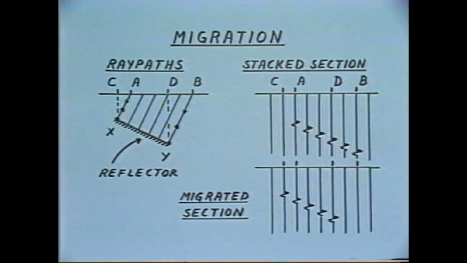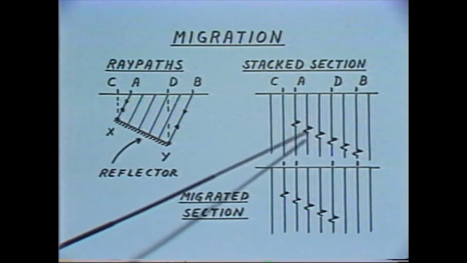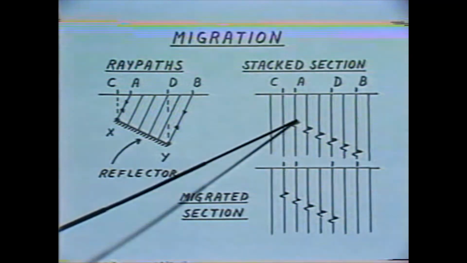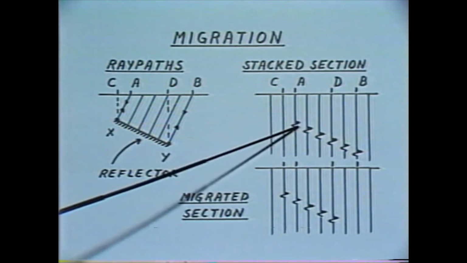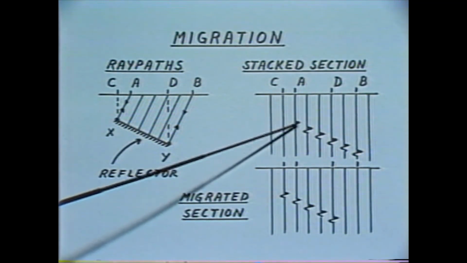Now migration is the process which is used to correct this misplacement, if you like, of the dipping reflectors. It's a process which takes the stacked section, and from the dips of the reflectors it calculates the amounts of shift laterally that must be applied to those reflectors to put them in the right position.